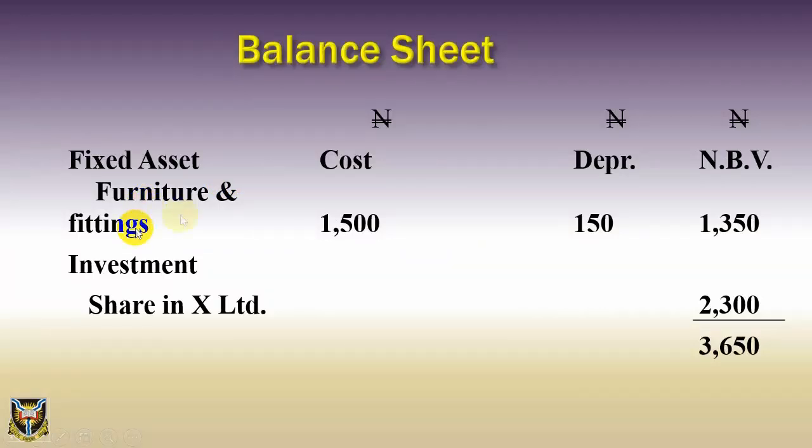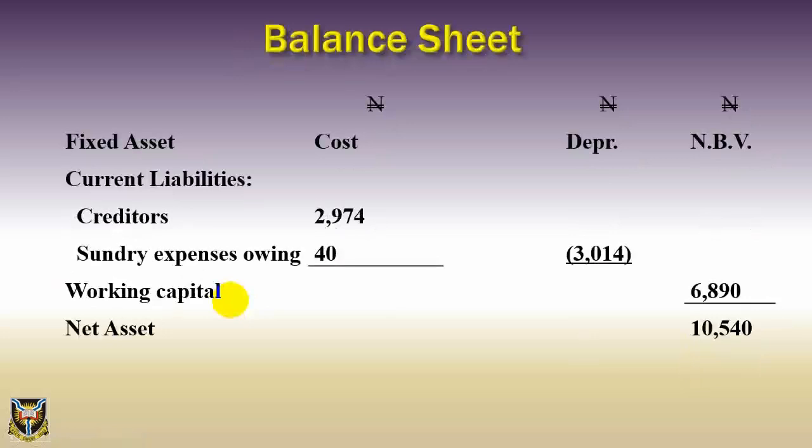Balance sheet. Fixed assets. Furniture and fittings. Cost, 1,500. Depreciation, 150. NBV 1,350. Investment, shares in X Limited, NBV 2,300, making 3,650. Current assets.